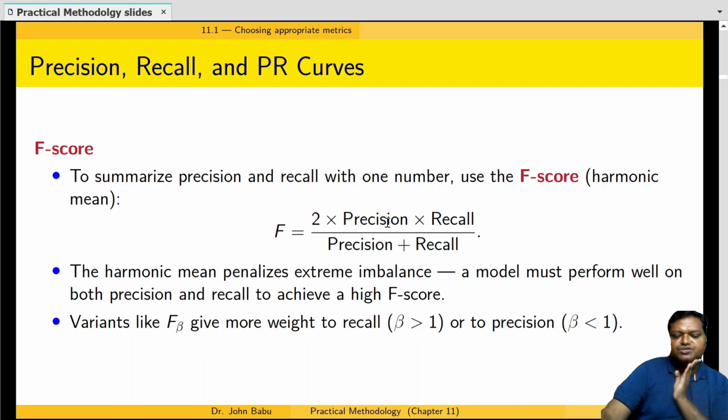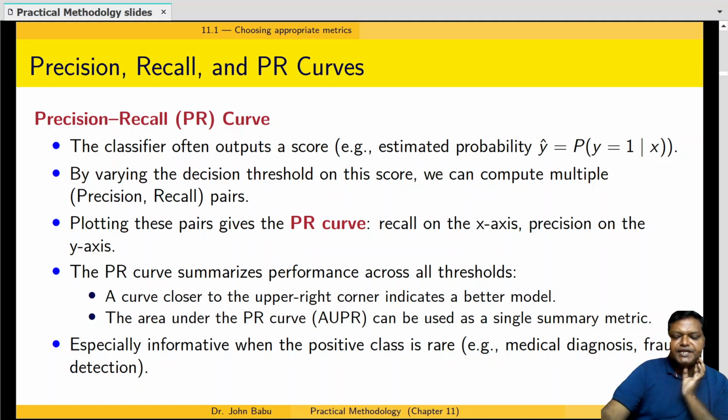That means if your system performs well on both precision and recall, then only your F score will be high, and then you can estimate the performance of the system. Another way is the precision recall curve, drawing a curve, and if the curve is closer to the upper right corner, this is a better model. The area under the curve can be used as a summary metric.